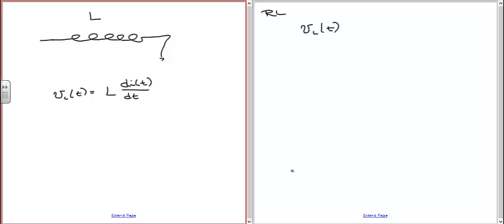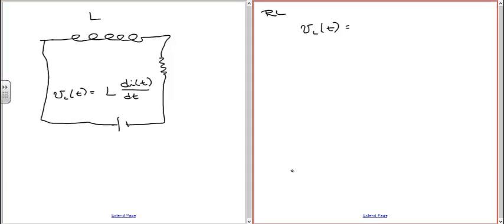So you've got a resistor in here, and then you've got some voltage, and you go from 0 voltage to some voltage. The voltage across the inductor is going to be equal to the input voltage times e to the minus R over L times t.